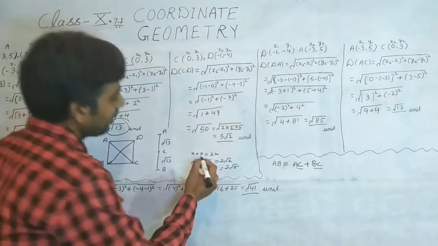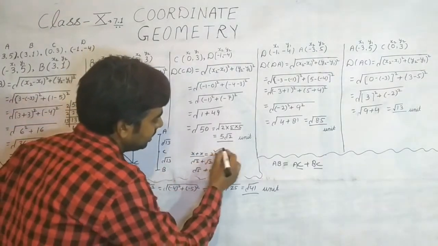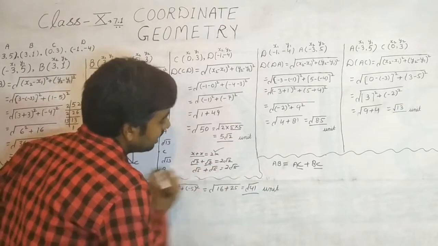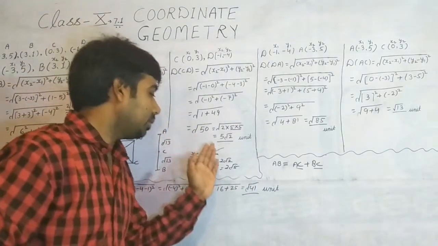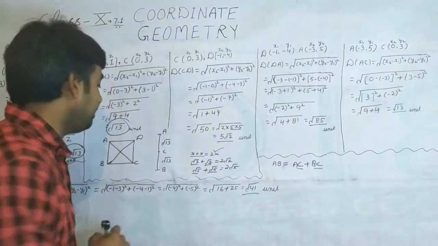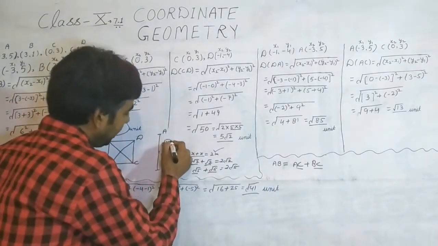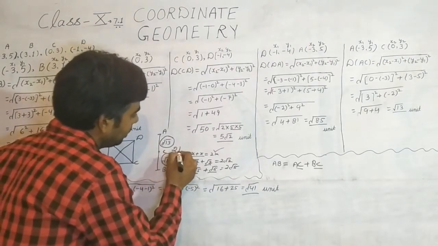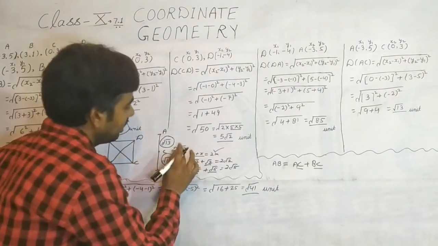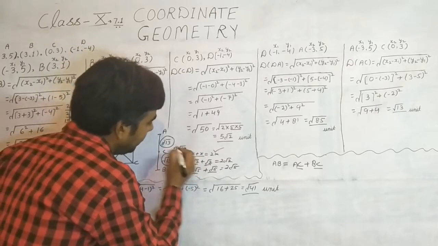Now look here. If I am doing x plus x, it is 2x. Under root 2 plus under root 2 is 2 under root 2, under root 5 plus under root 5 is 2 under root 5. In the same way, if I am adding under root 13 plus under root 13, it will be 2 under root 13.